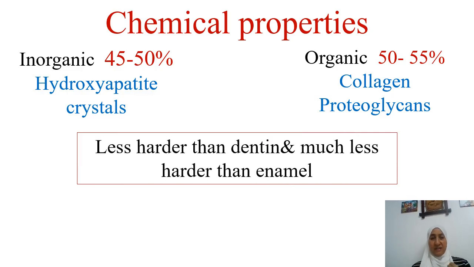Pay attention that this amount of minerals or inorganic substances affects the hardness of cementum to be the lowest of the hard dental tissues. If we try to categorize the dental tissues according to hardness, of course the hardest tissue will be enamel, followed by dentin, then followed by cementum. It's the least hard tissue.